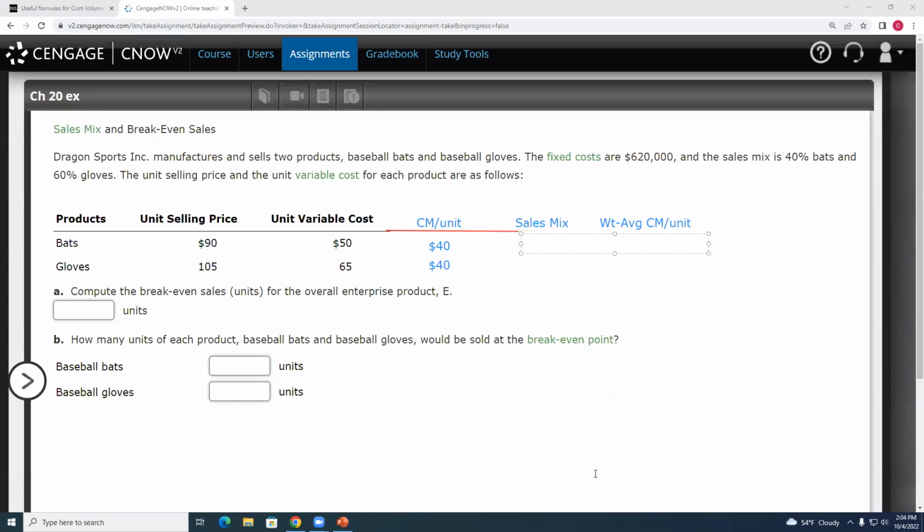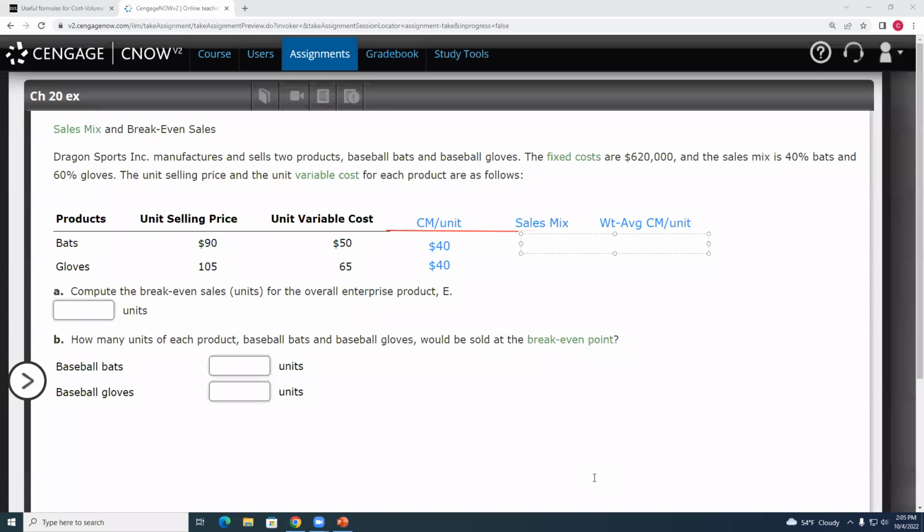I take full responsibility because I chose this exercise. The reason it's a bad example is because both of those products have exactly the same contribution margin per unit. It should not be that way. I blame the textbook because they picked those numbers, but I also didn't swap out this exercise, so my fault too.